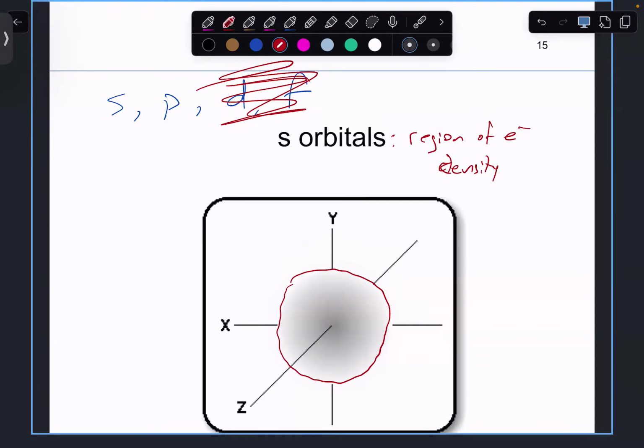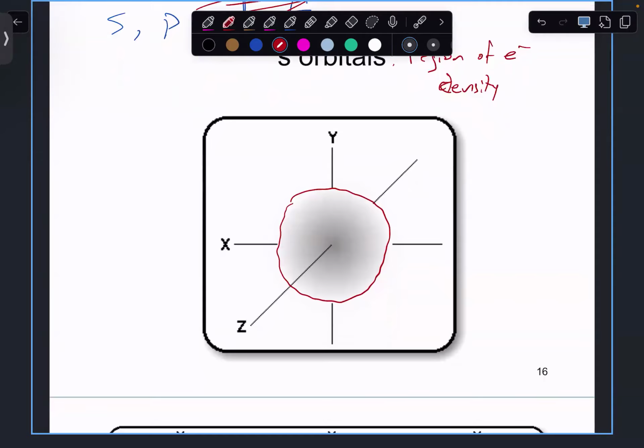It's a little hard to see because of the grayscale, but the nucleus would be in the center of that. There's more likelihood of finding an electron closer to the nucleus. That's why it's a little darker towards the center.